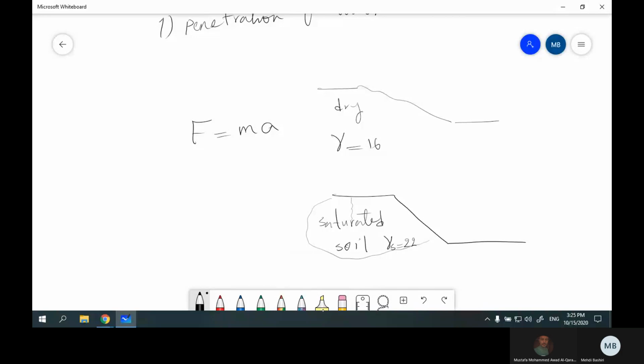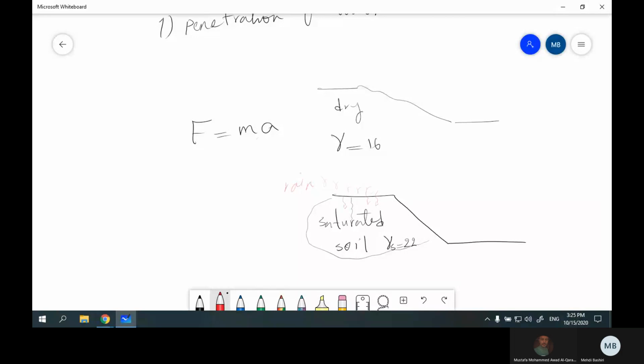So for example, here we have this soil, and after a heavy rain, the water penetrates inside the soil. The water drops penetrate inside the soil and increase the weight of the soil.